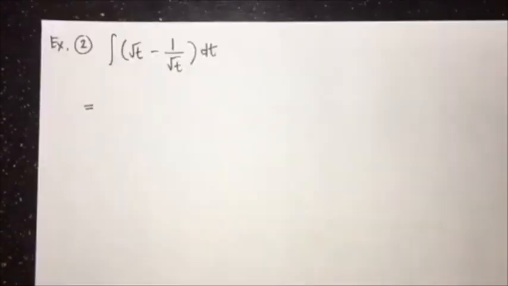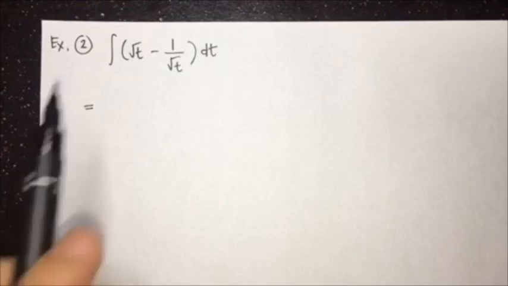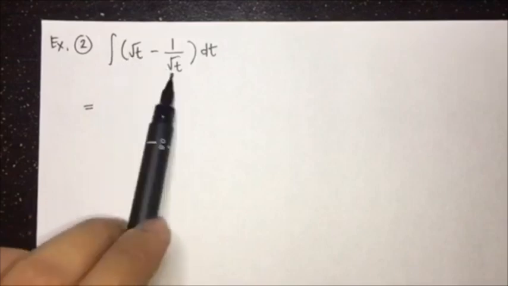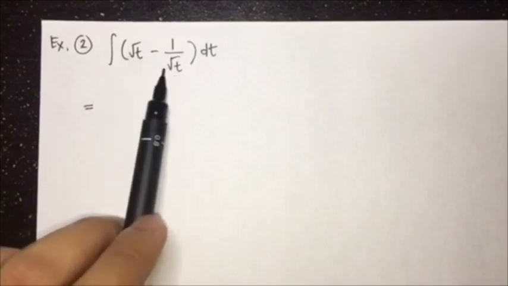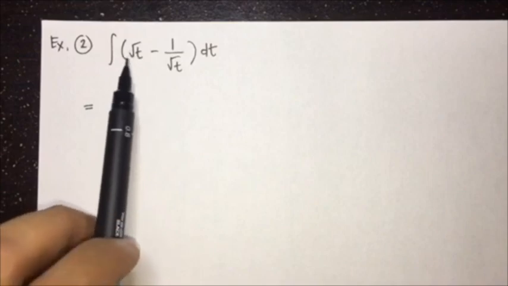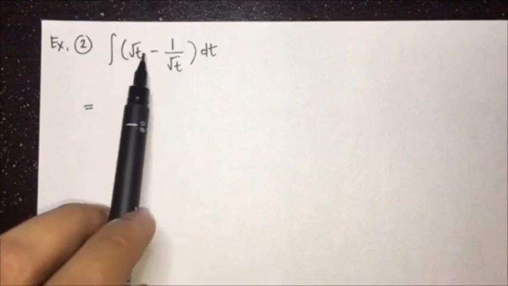Okay, so another example. We have the integral of square root of t minus 1 over square root of t. So for us to apply the power formula, we need to express the radicals into exponential form. So square root is equivalent to an exponent of 1/2.